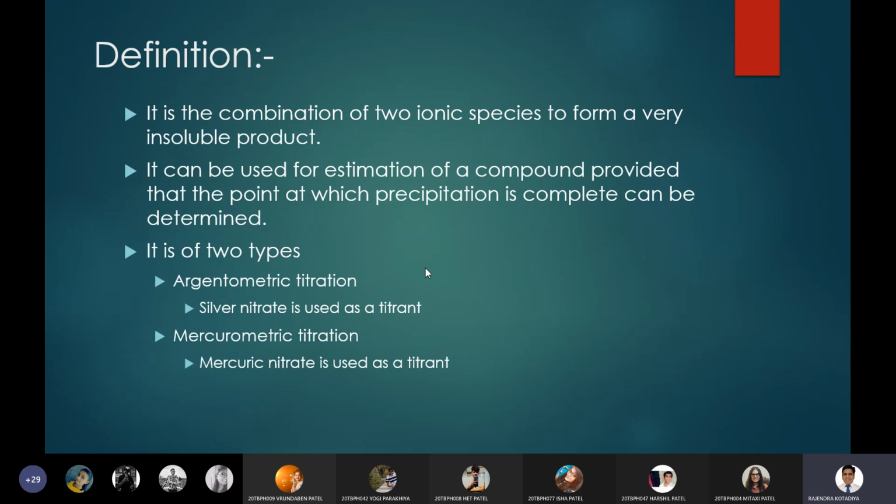As per the definition, precipitation is nothing but the combination of two ionic species to form a very insoluble product.